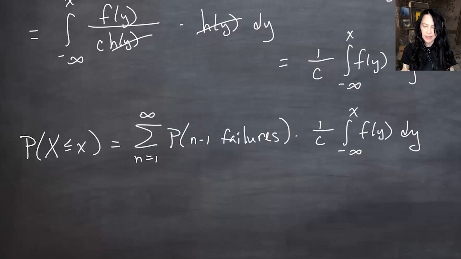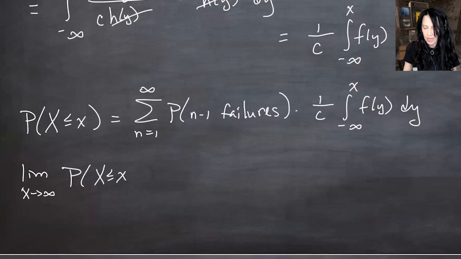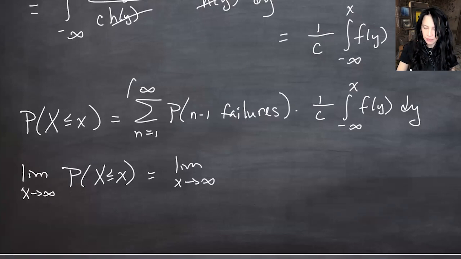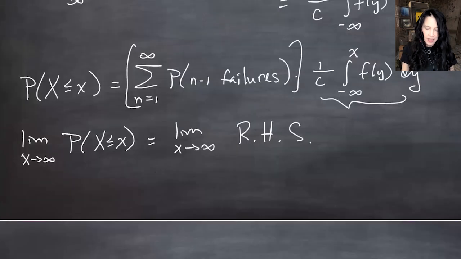I'm going to take the limit on both sides as x goes to infinity. So the limit as x goes to infinity of the probability that X is less than or equal to x, this is going to be the limit as x goes to infinity of, you could pull this all out because there's no n in that, the right-hand side. On the left, the random variable X is always less than or equal to infinity.